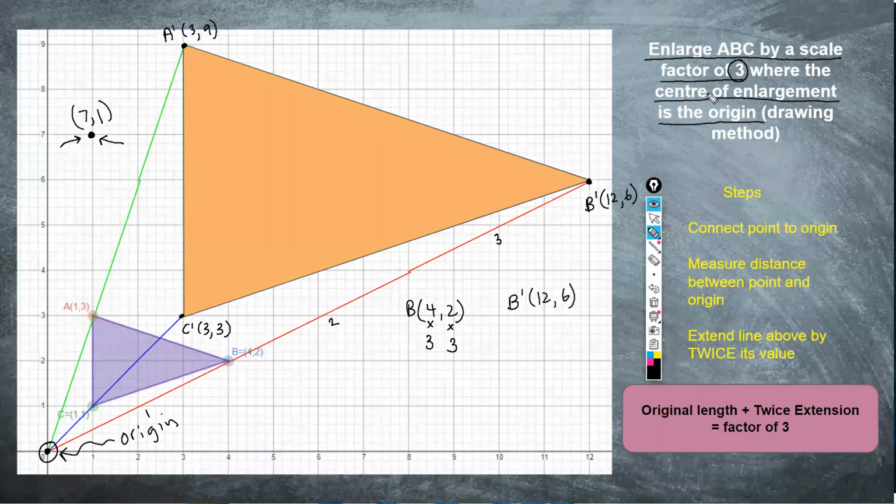If they had said to enlarge by a factor of 2 instead of 3, this same question, you would have drawn the line once up to the point, and you would have only extended it one more time. 1, 2. You just always have to remember the first laser that you shoot counts as 1. So that means if it was an enlargement of 4, it would have been 1, 2, 3, and 4.